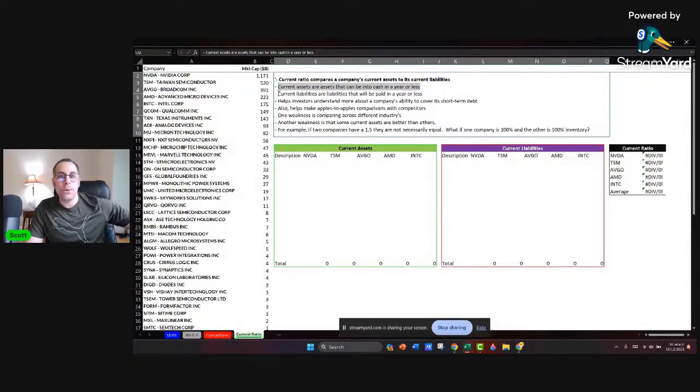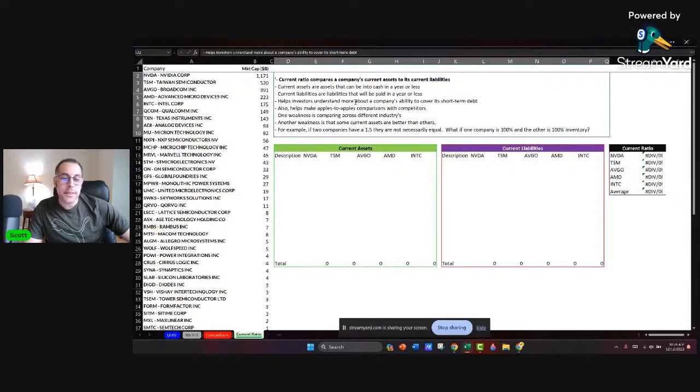We'll go through their financial statements so you'll see exactly what the current assets are. I'm sure you know what some of them are. Current liabilities are liabilities that would be paid in 1 year or less. So like accounts payable, it's a current liability.